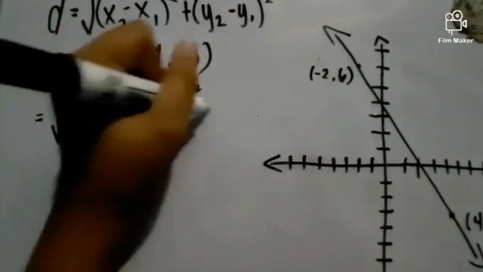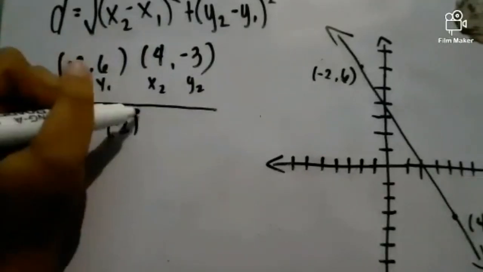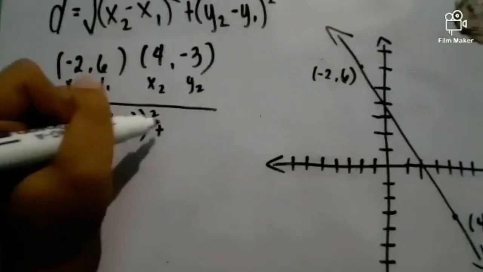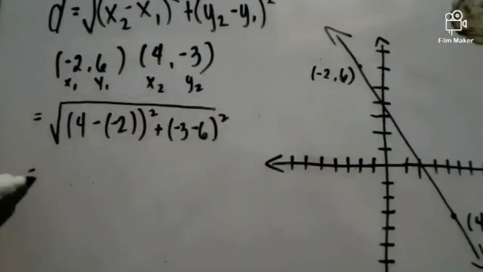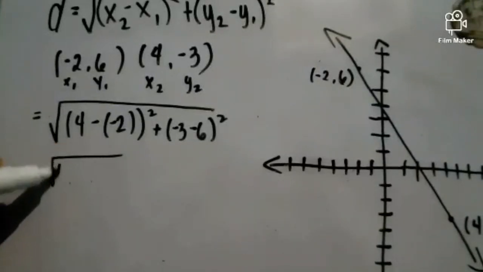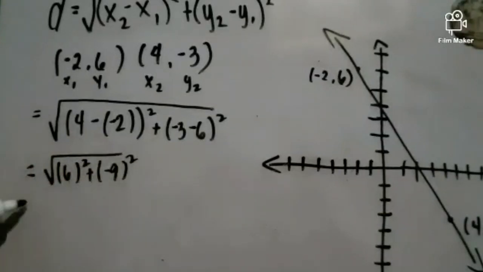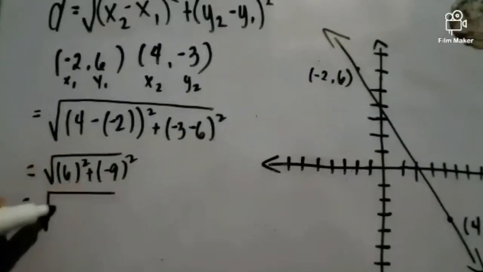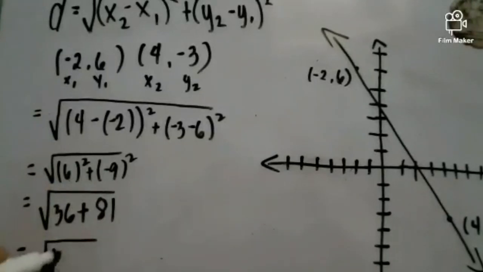So I substituted the values. 4 minus negative 2 squared plus negative 3 minus 6 squared equals the square root of 6 squared plus negative 9 squared equals the square root of 36 plus 81, which is equal to the square root of 117.